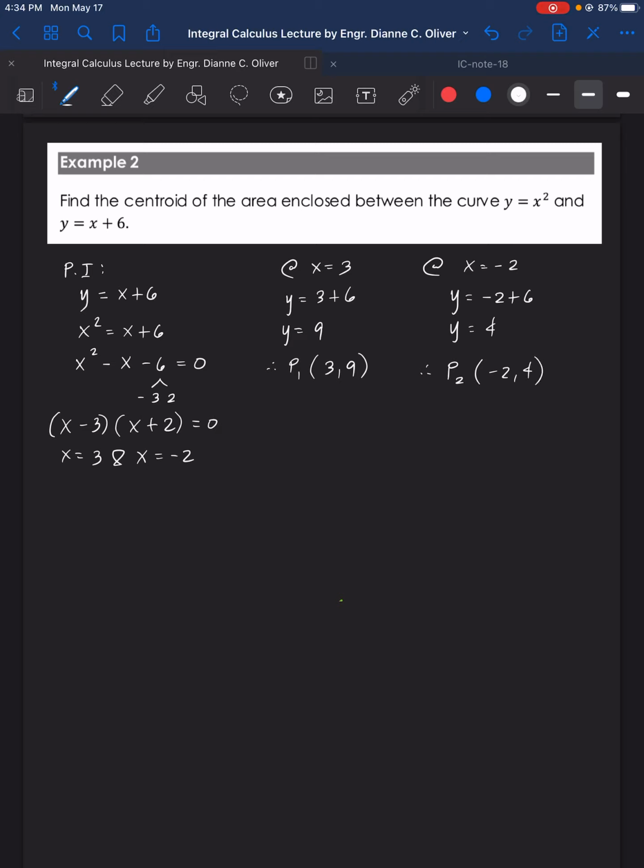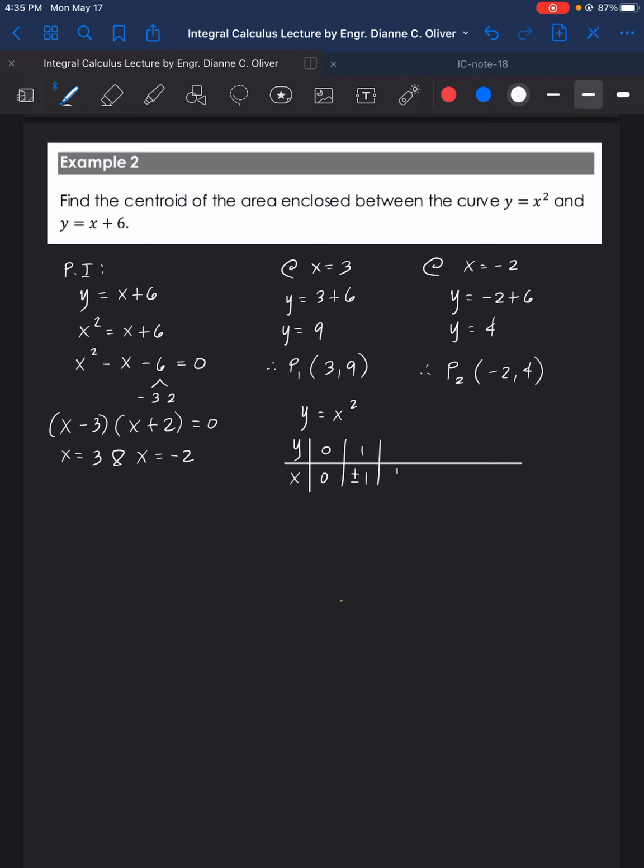Then let's continue to sketch the curve, which is y is equal to x squared. Then we have here a table of values for y and x. If x is equal to 0, y is also 0. If x is equal to positive or negative 1, y is also 1.